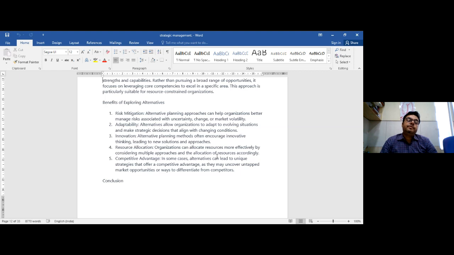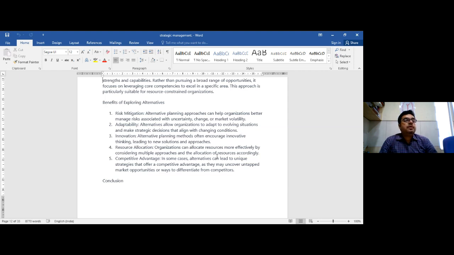The risk mitigation can be considered to be an alternative planning approach, which also can facilitate reduction of risk to a great extent, managing the risks which organizations are faced with, particularly the uncertainties, the changes, or the turbulence in terms of the market volatility.